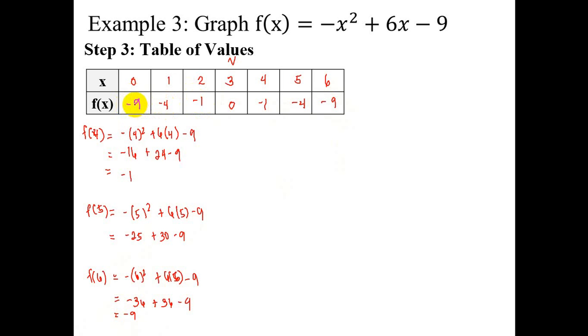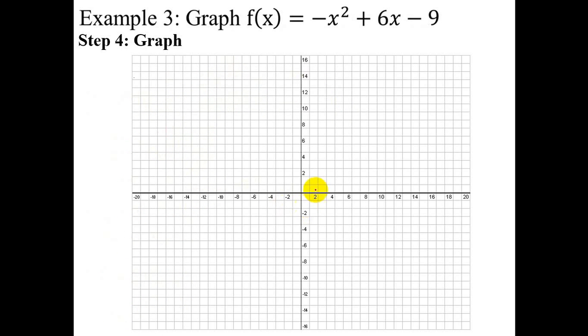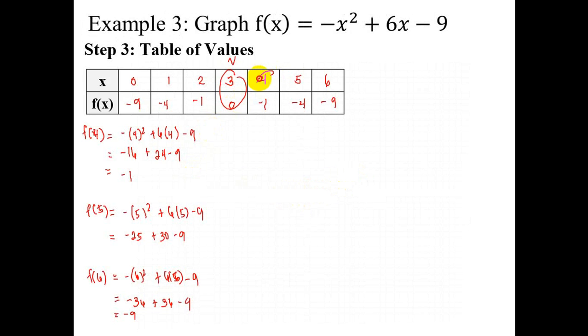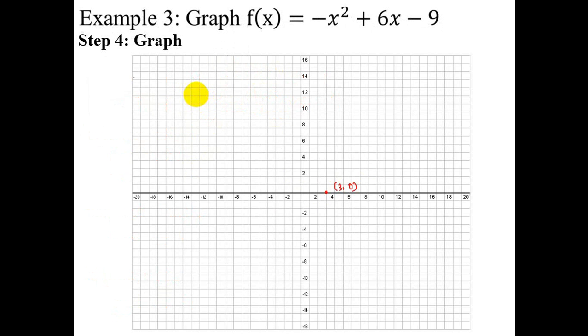We can now graph f of x equals negative x squared plus 6x minus 9, starting with the vertex 3, 0. So 3, 0 is here. Next, let's have 4, negative 1 and 2, negative 1. So 4, negative 1 is this. Then we have 2, negative 1.